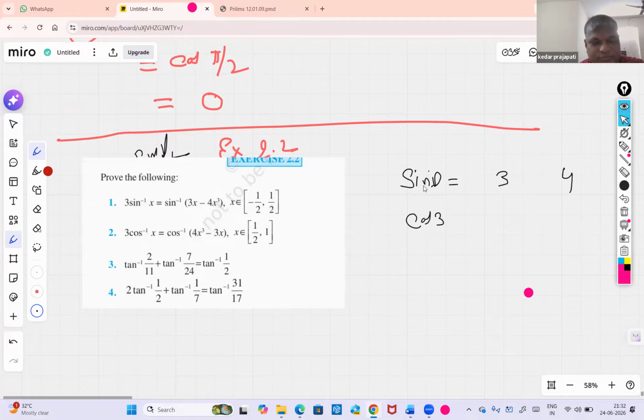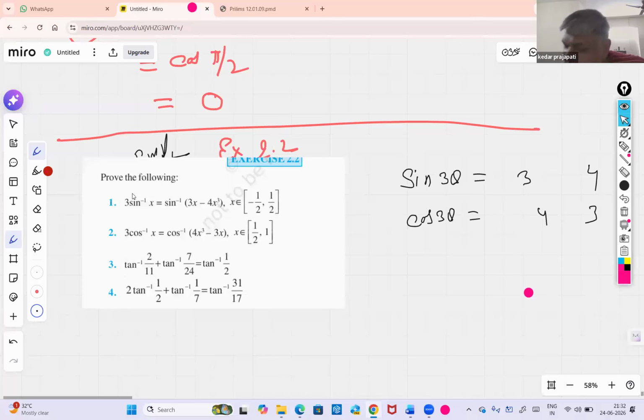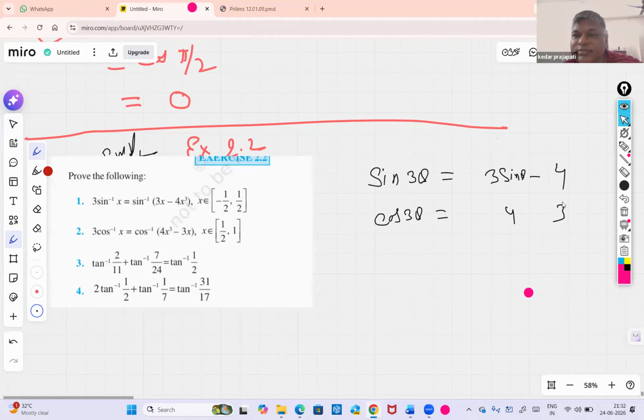Sine 3 theta is sine theta will come, minus 4, it is only sine cube.